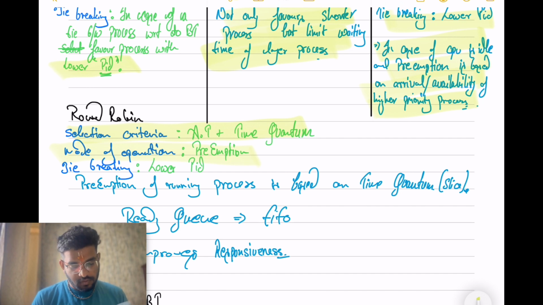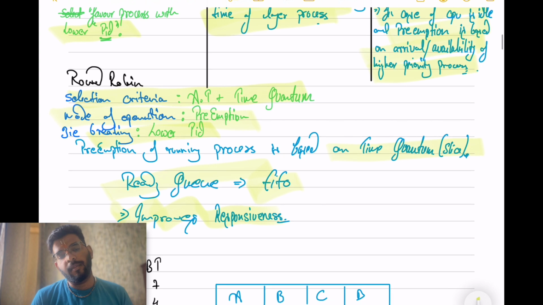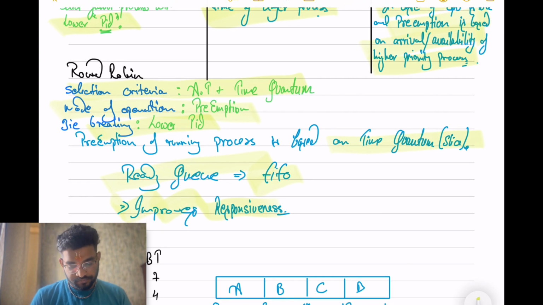Tie breaking again is lower process ID. Preemption of the running process is based on the time quantum, also known as the time slice. The ReadyQ is FIFO based and it improves responsiveness, as a process gets preempted after the time quantum.